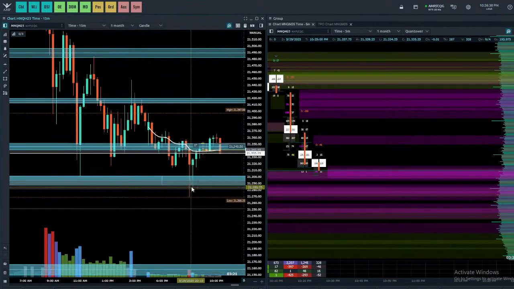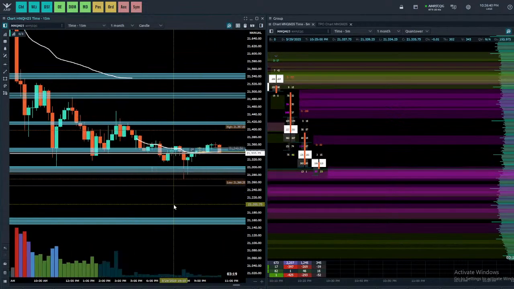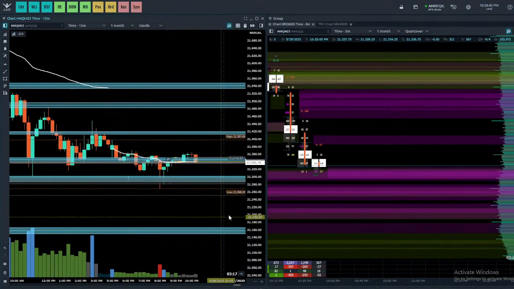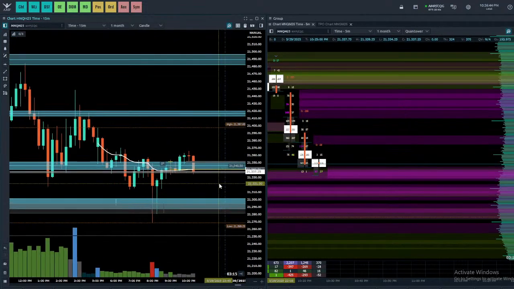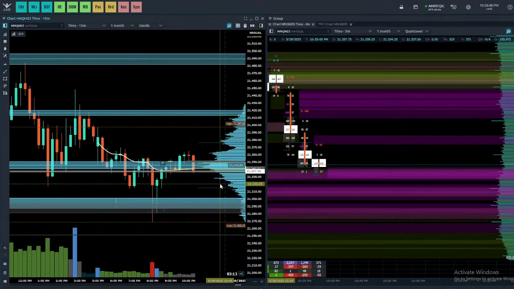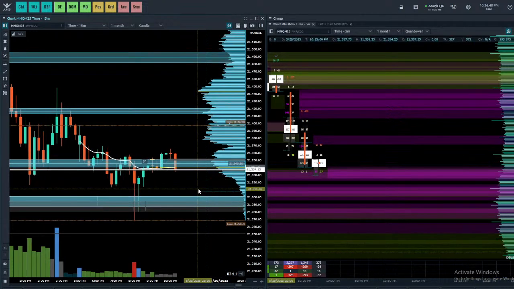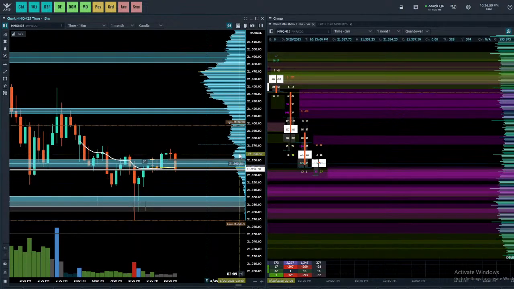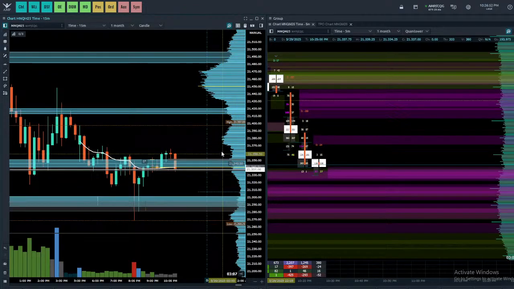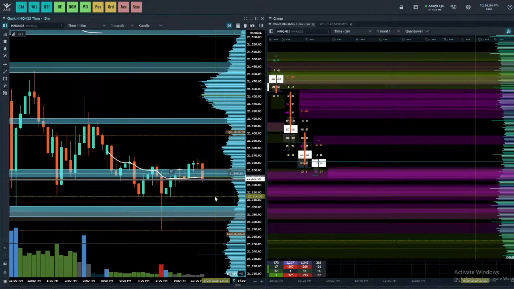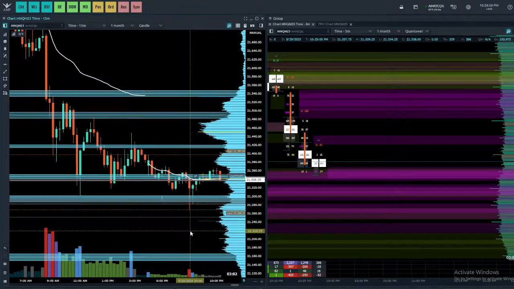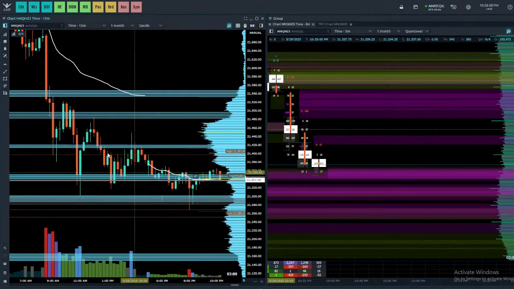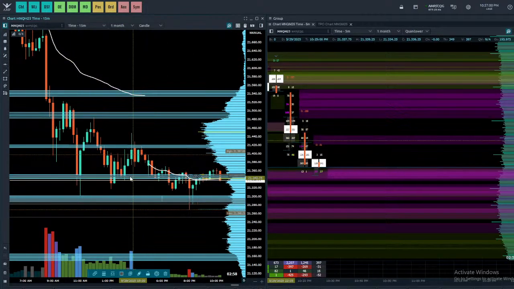So this is the accumulation phase. This is the 15, an accumulation phase. Yeah, this is the distribution right here. Boom, the distribution. Now the cycle restarts.